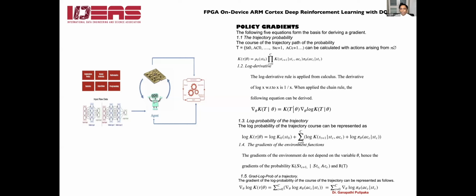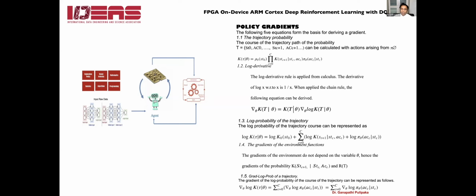Then you're going to define the log derivative for it. You can define the log derivative rule based on calculus, and you can apply the chain rule, and you're going to get the following equation here. You can derive it, and then you can also have a log probability of the trajectory.